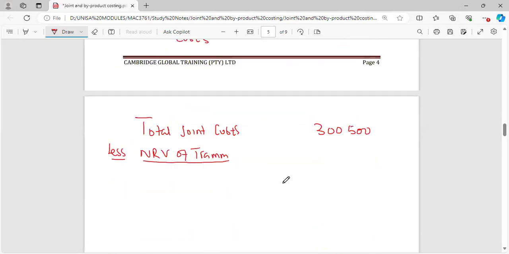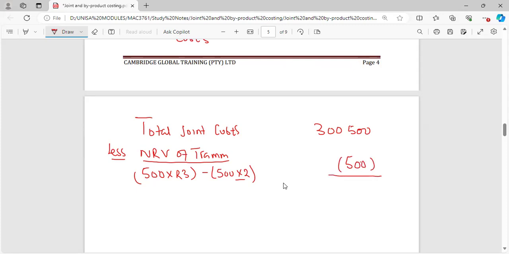So it's going to be 500 times 3 rand minus 500 times 2. That is going to be the net realizable value of TRAM. So how much is it? Here we have 1,500. Here we have 1,000. So it's going to be 500. Am I right? Yes. It's 500.